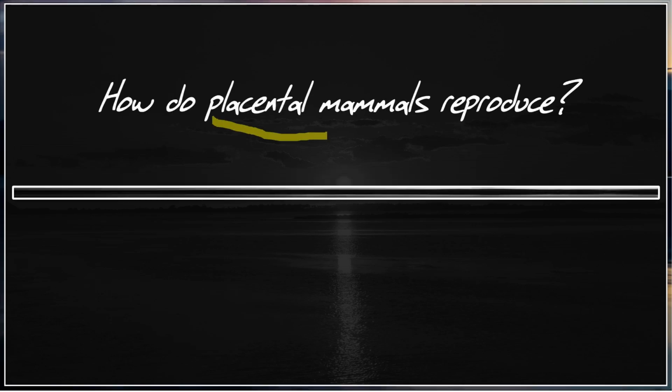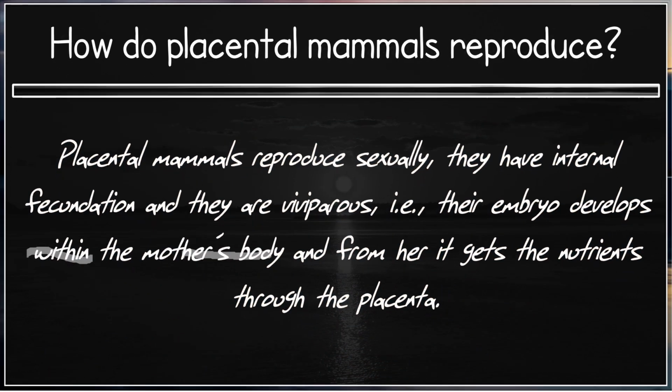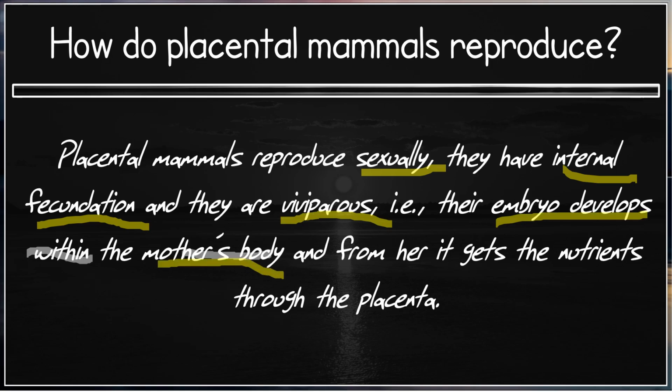How do placental mammals reproduce? Placental mammals reproduce sexually. They have internal fecundation and they are viviparous. That is, their embryo develops within the mother's body and from her it gets the nutrients through the placenta.